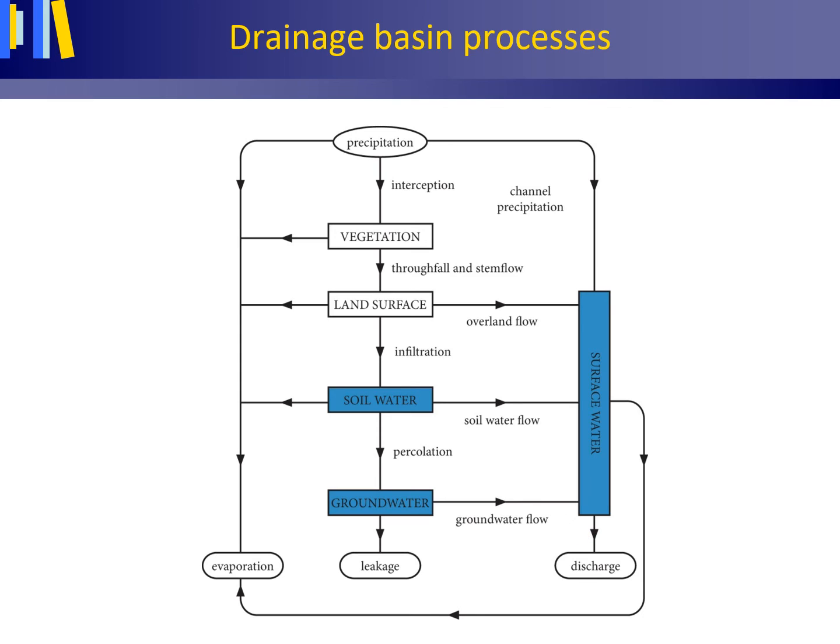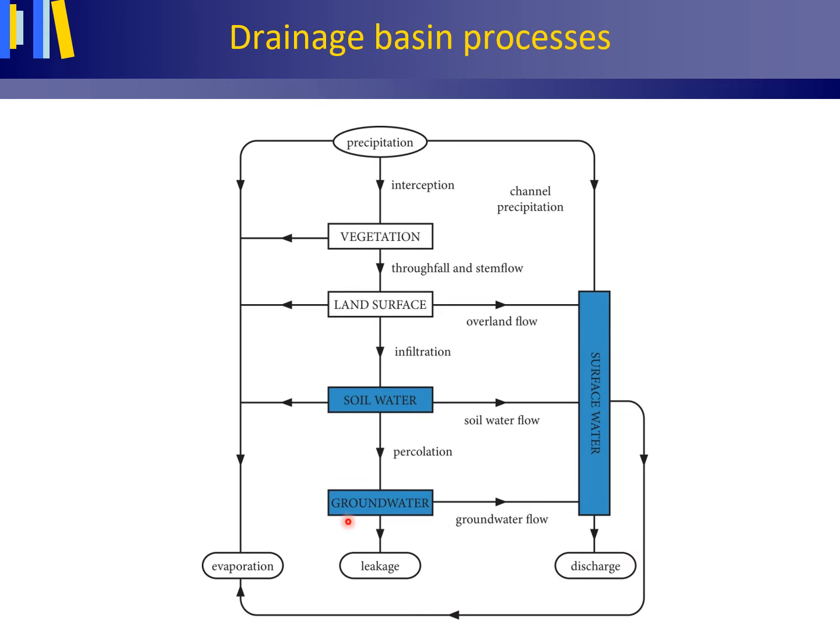This generalized scheme also shows us that we have input into a drainage basin, precipitation, and we have output from the drainage basin, which is evaporation, leakage, and discharge. And these are all processes, volumes of water per unit of time.